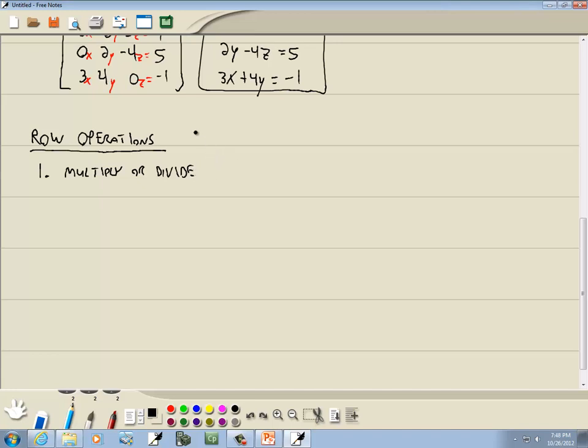And these row operations are specific to solving systems of equations, which is what we're going to do here shortly. Not all of these apply in some of the other circumstances. But we're going to multiply or divide everything in a row by a number.